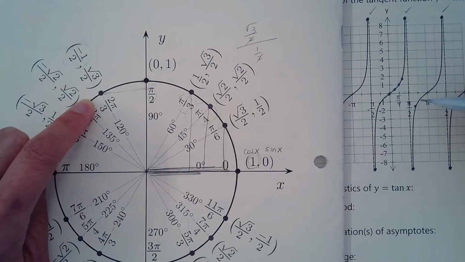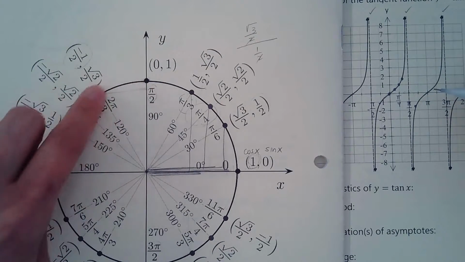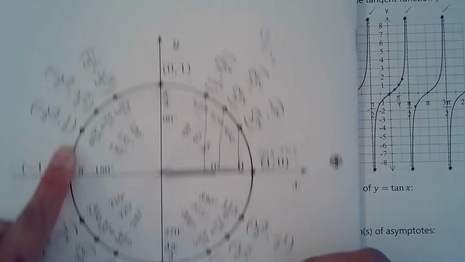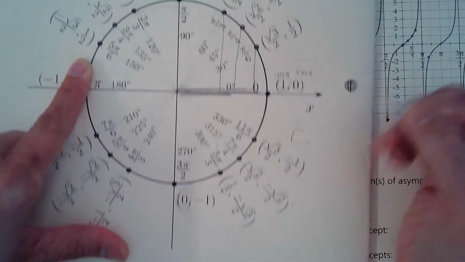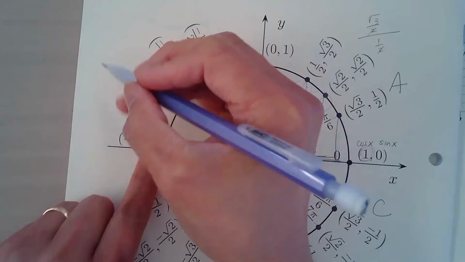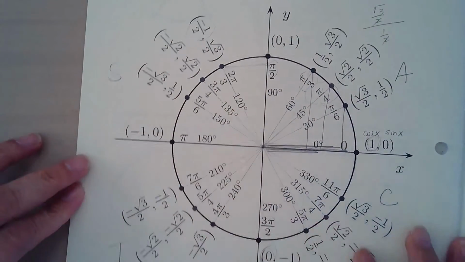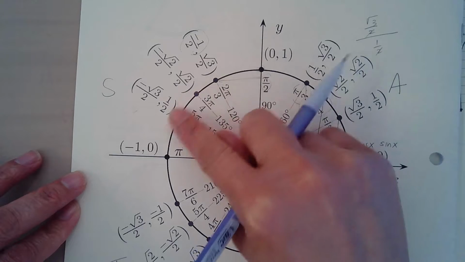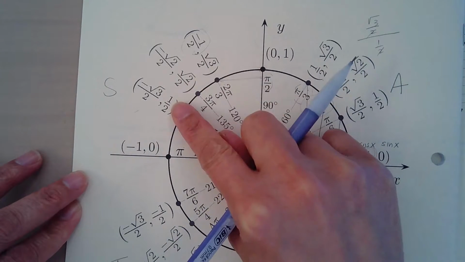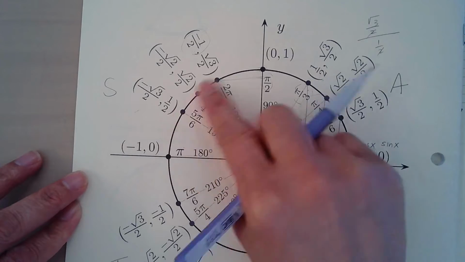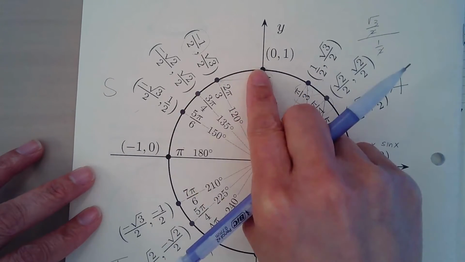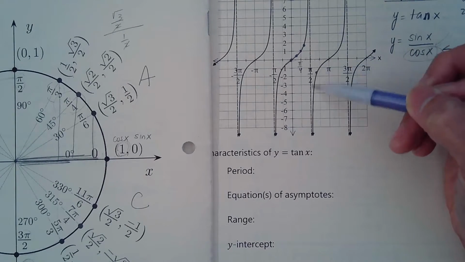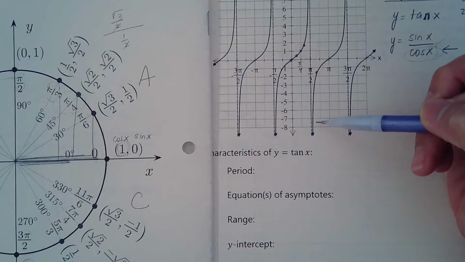Over here, on this side, we use CAST. Here tan is negative, because the only thing that's positive here is the sine. So tan is negative in this area between pi by 2 and pi. That's why it's below the line.